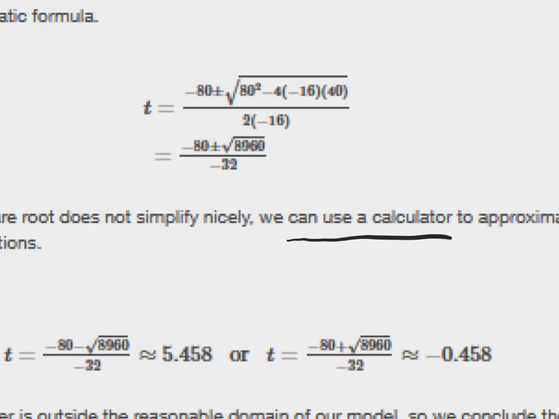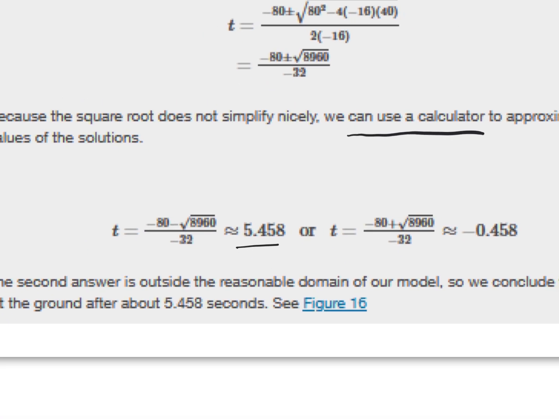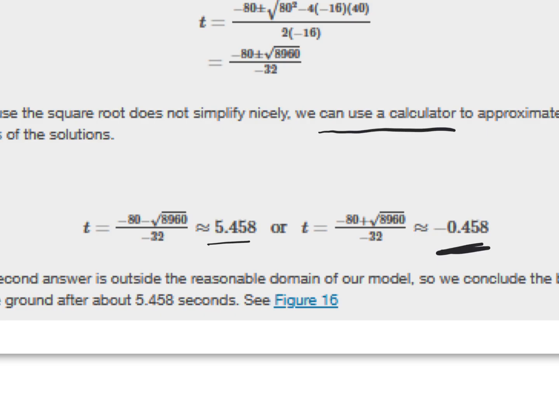So did I. And my decimal's in the wrong place. 5.458. What's this other one? Oh, that's the negative one that I told you we don't need. We just needed how long it took to hit the ground, and it was 5.458 seconds. That was fun.